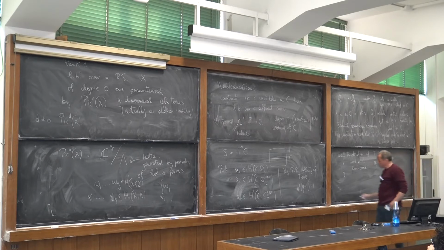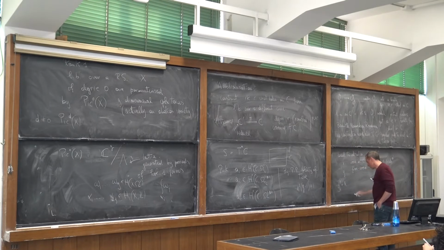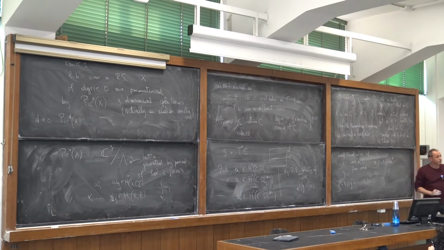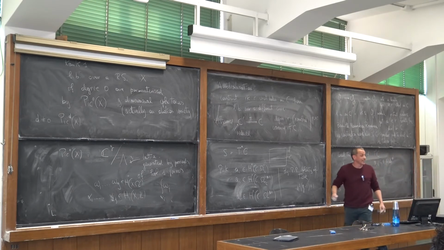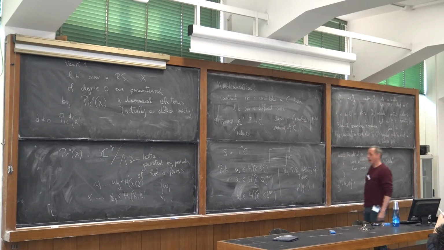Now write the equation y to the r plus a1 of x y to the r minus 1 plus and so on plus ar of x equals 0. Sorry, what is n? n is r. Throughout this talk, n equals r, the rank.